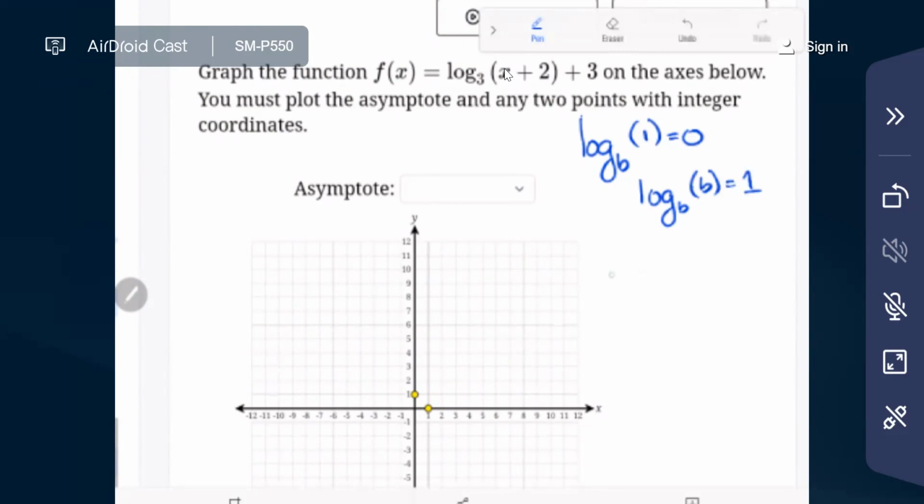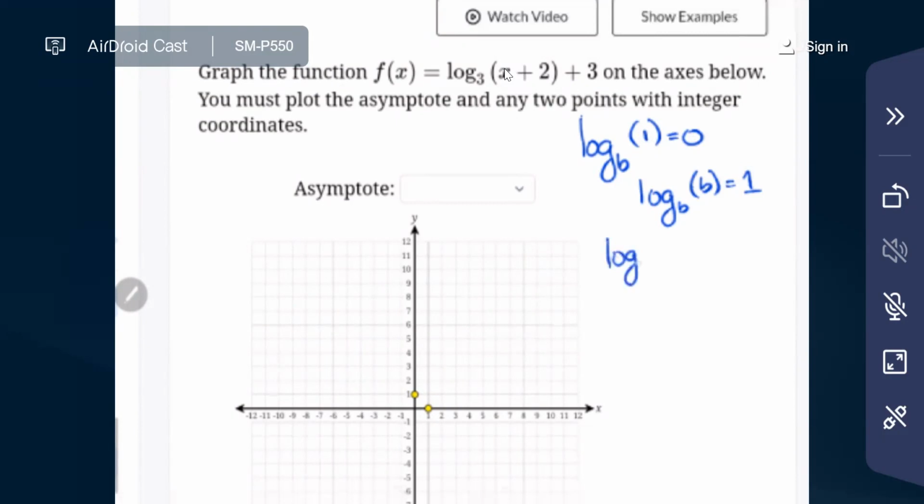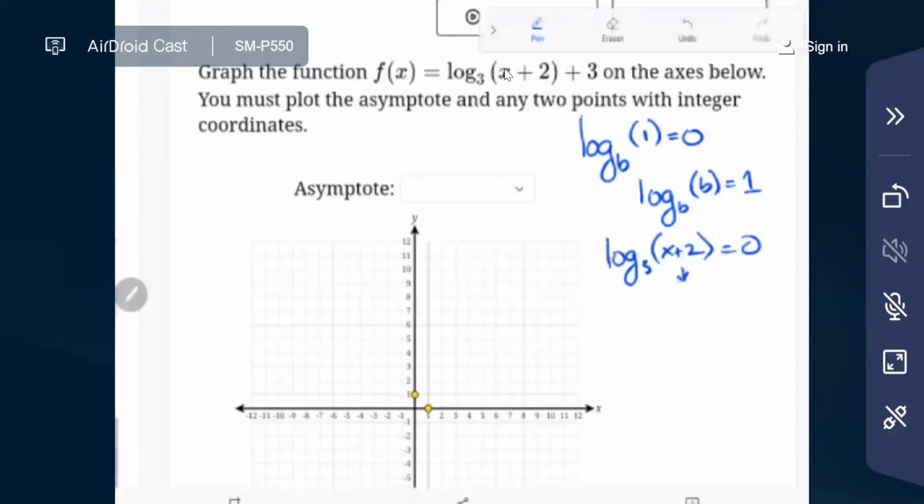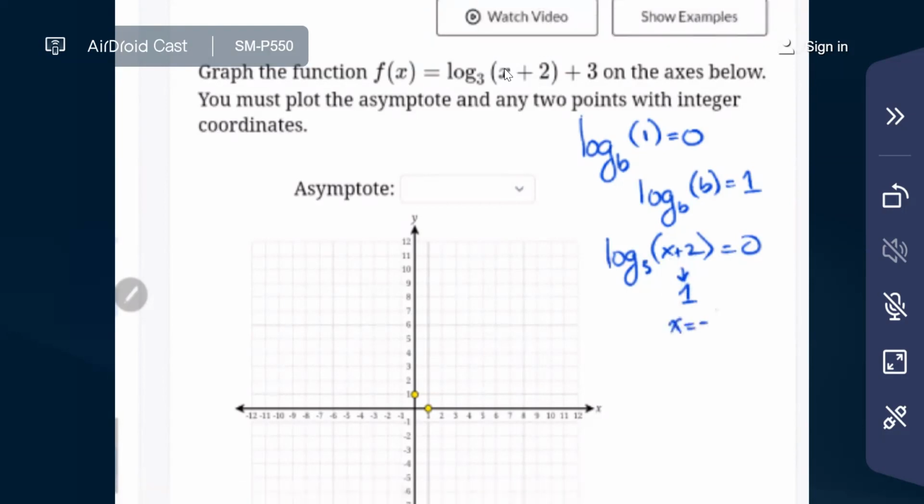All right, so I want log 3 of x plus 2 to equal 0. So that means this has to equal 1. And for this to equal 1, x has got to be -1. So if x is -1, now it looks like this, log 3 of 1, and that's going to be equal to 0.